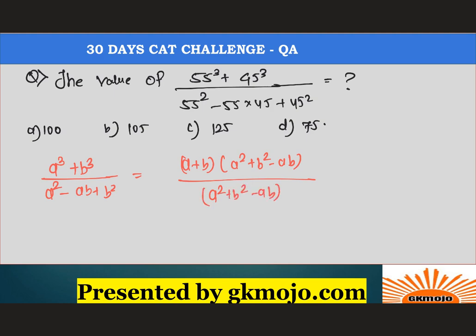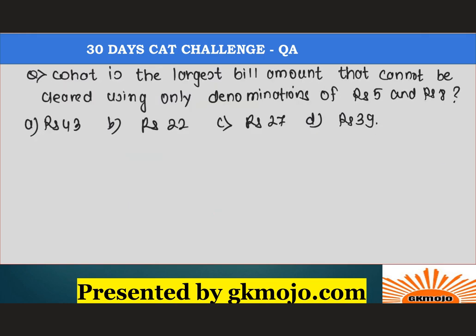You should have just known this. This and this get cancelled and you're left with a plus b. What is a plus b? Over here a is 55 and b is 45, so it's 45 plus 55, and hence your correct answer is option A, 100.